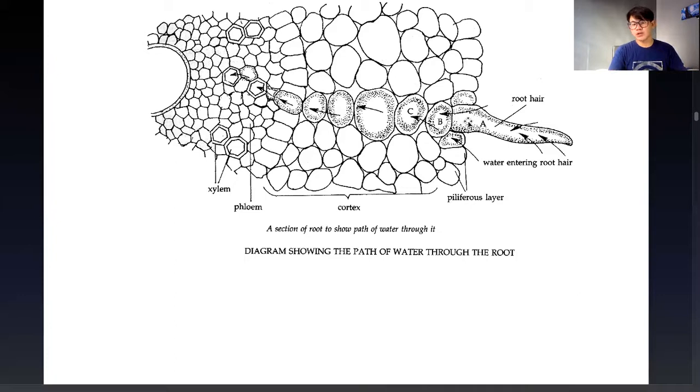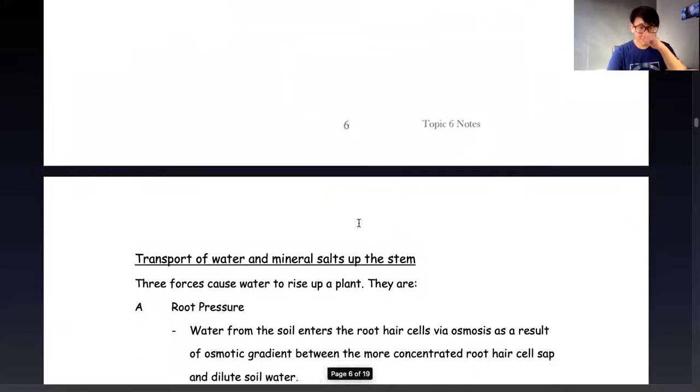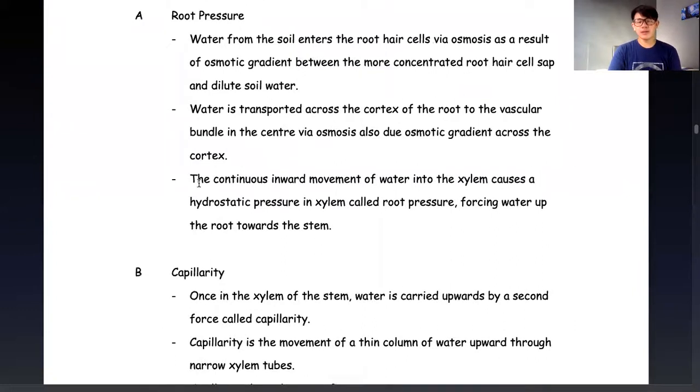And then from the root hair, it passes through and reaches the vascular bundle, the xylem, also by osmosis. And here the continuous inward movement of water into the xylem causes a hydrostatic pressure in the xylem called root pressure, which forces water up the root towards the stem.